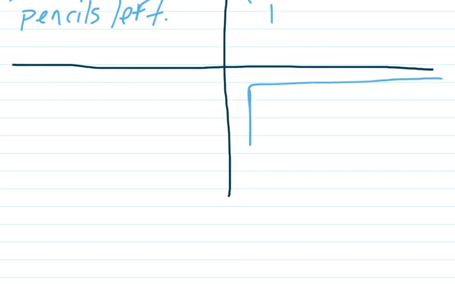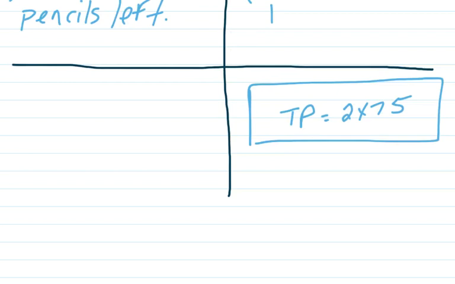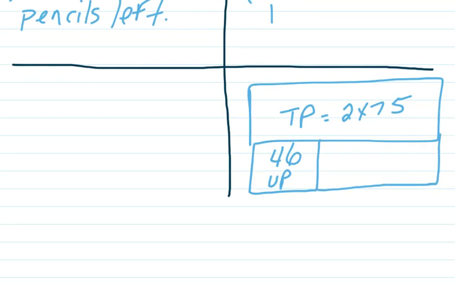So we're going to be looking for total pencils. I'm going to abbreviate that to TP, which is going to be 2 times 75. That's going to give me my total pencils. He's going to use 46, so those are going to be my UP, my used pencils. And we're trying to find LOP, leftover pencils.